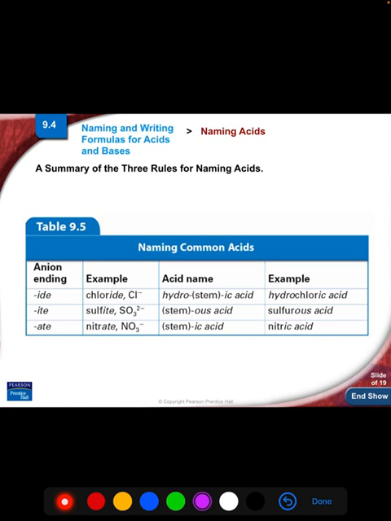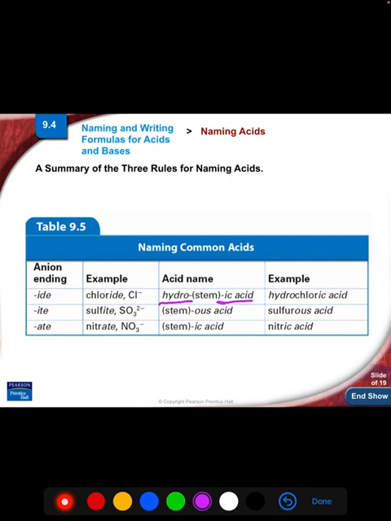So here's a quick summary of the 3 rules. If I have a simple binary acid, attached to an anion ending in ide, chloride, bromide, fluoride, sulfide, nitride, any of those, then it becomes an ic acid, but it has a prefix of hydro, as in hydrochloric acid.